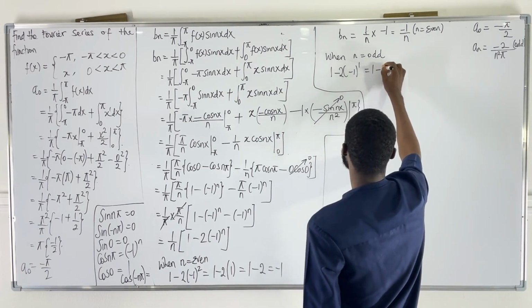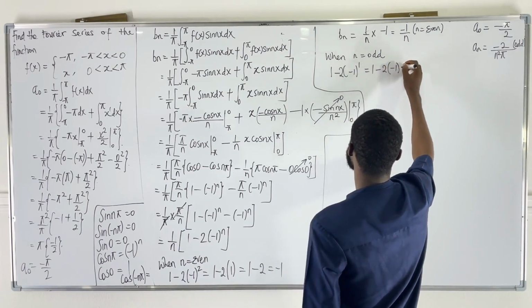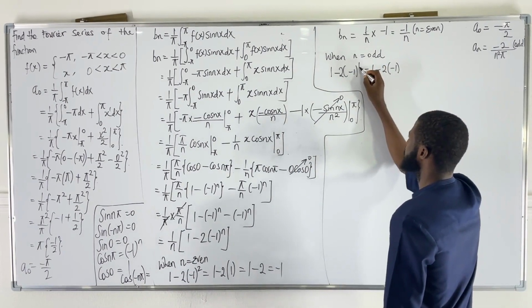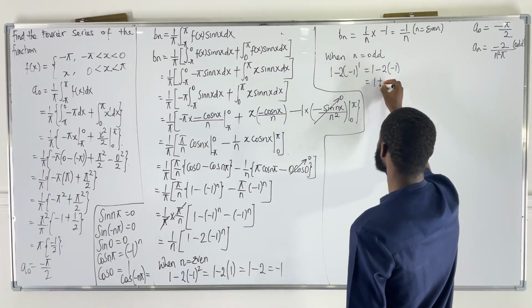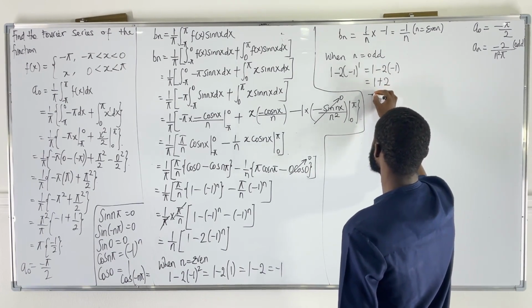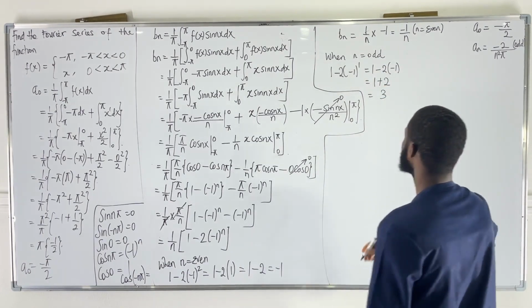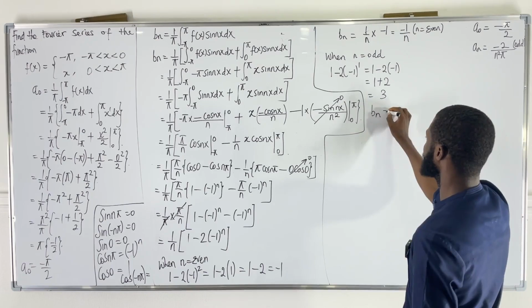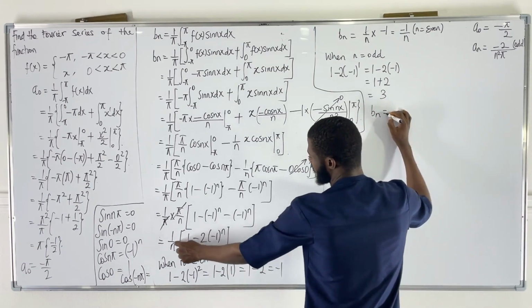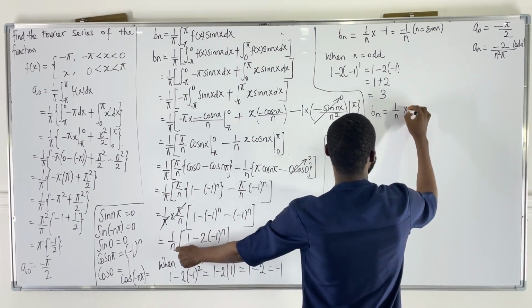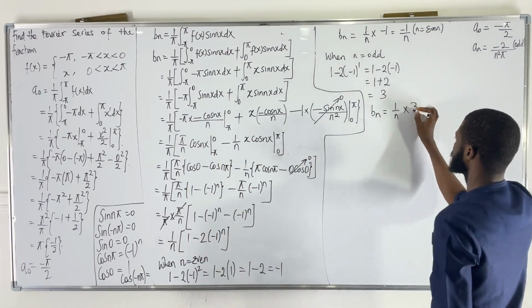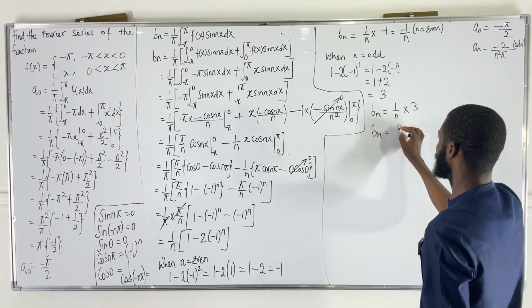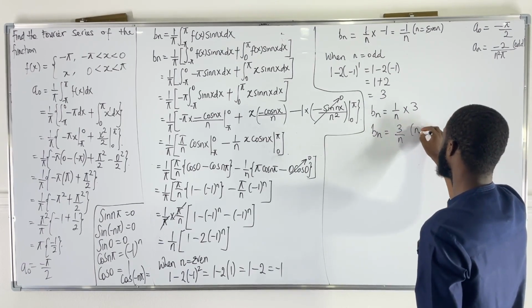So this is 1 minus 2 into minus 1, because anything raised to the power of 1 is that same thing. So this is 1. Minus times minus is plus. 2 times 1 is 2. So this will give us 3. So this means that my b sub n, which is 1 over n times this whole bracket, and this whole bracket is giving me 3. So that means b sub n is equal to 3 over n when n is odd.